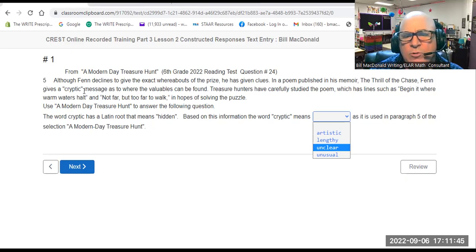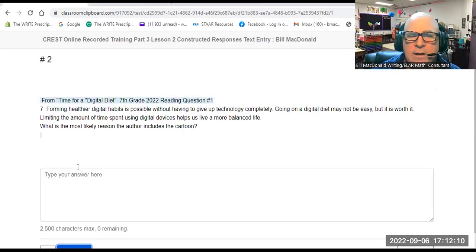Based on the information, the word cryptic means unusual message. Since unusual and hidden are not as close in meaning as unclear and hidden, I'm thinking that the best answer choice is unclear, and I would click next.